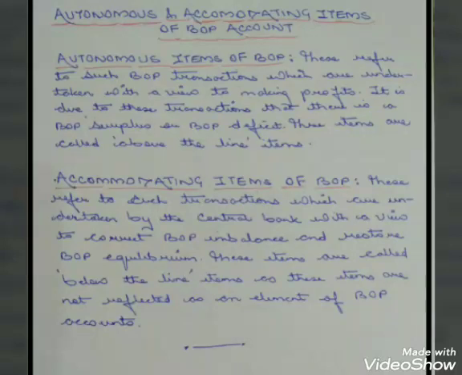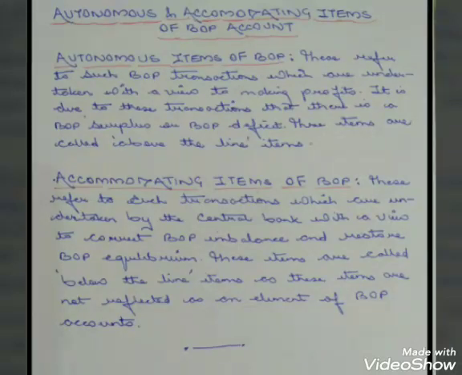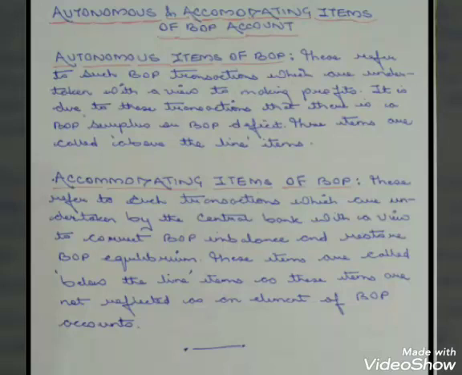They relate only to the movement of official reserve, with a view to correct balance of payment imbalances. These accommodating items are not reflected as an element of the balance of payment account. So children, they are called below the line items.